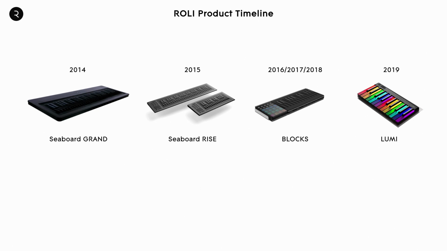And this is where the BLOCKS ecosystem started in 2016, where we obviously made a smaller Seaboard, which is the Seaboard BLOCK, but then we also introduced other products like the Lightpad and the Control Blocks. And the great thing about products like the Lightpad is that by having this flat silicone surface, we were able to still use it as an MPE controller, but with these lights underneath, we could start thinking about other uses of this.